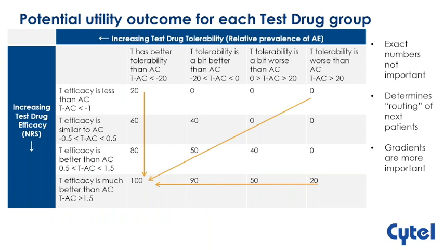And here's the utility function. The columns indicate varying degrees of tolerability.